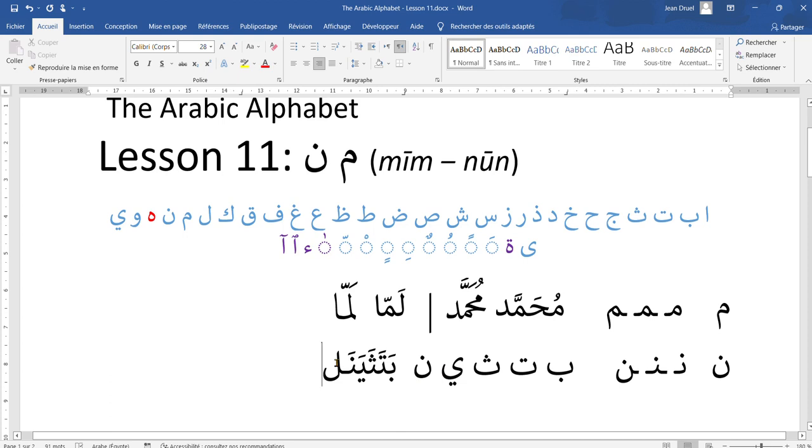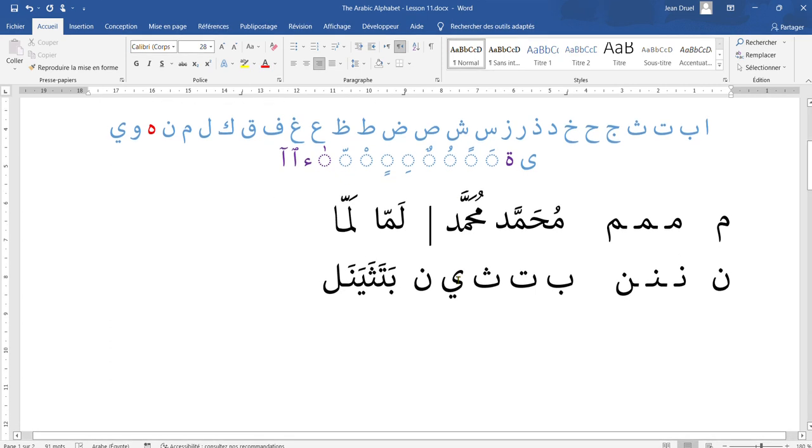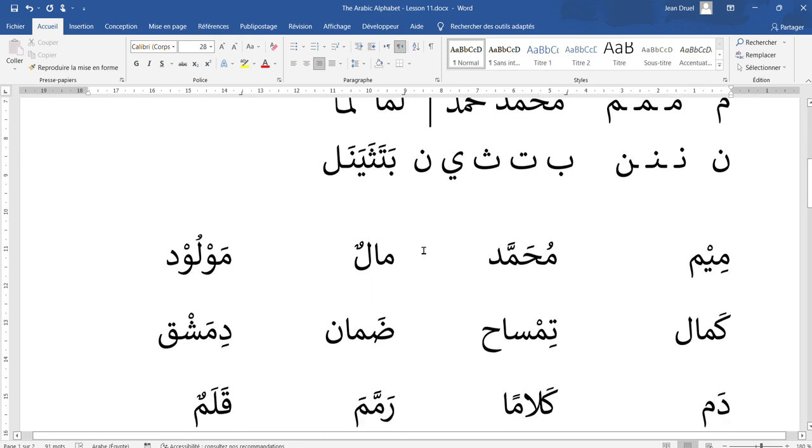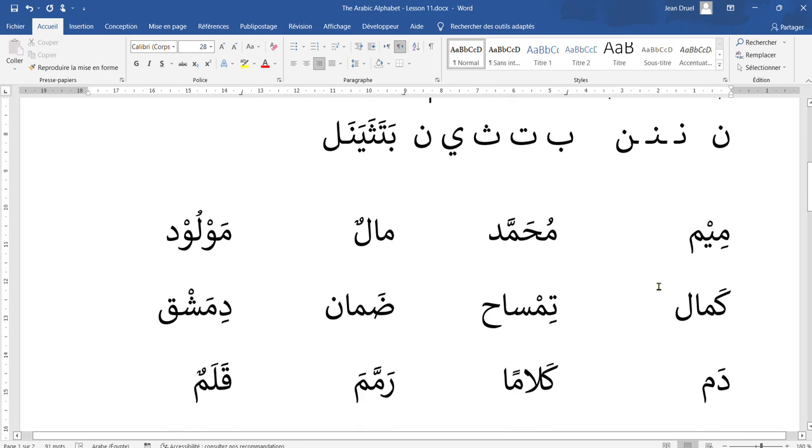There is no more difficulty for this lesson, except that the mim sometimes can collapse and change its shape with ligatures, and that the noon is yet another letter that looks like four letters that we've seen before. So be aware. There is no real trick to distinguish them, except that the final forms are different. Okay, enough for the class. Now I've prepared some reading exercises to practice your new letters. Let's go.